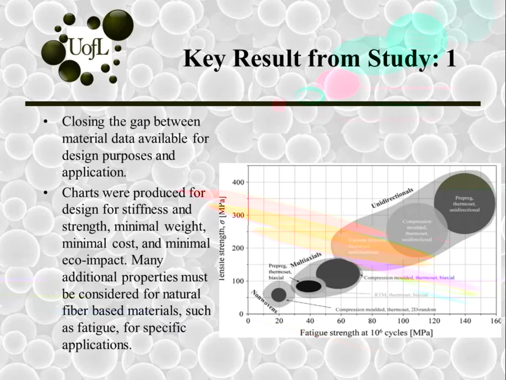One key result from the study was the author's attempt to close the gap between material data available for design purposes and applications. The author produced charts for design such as stiffness and strength, material weight, cost, and environmental impact.